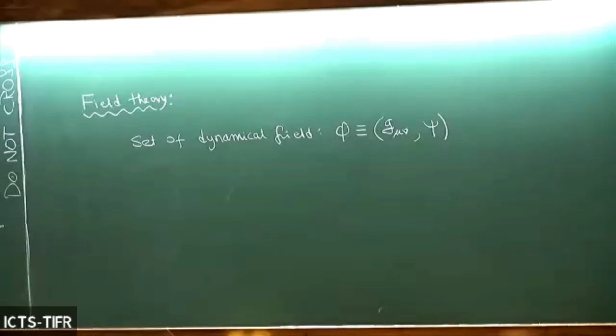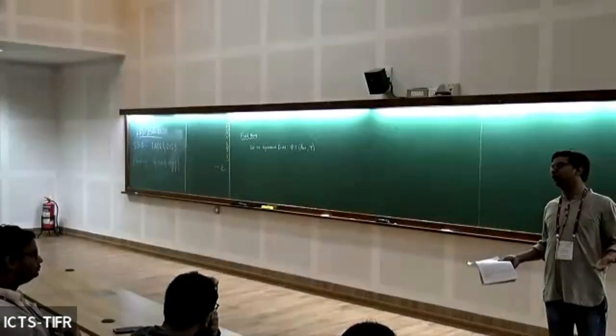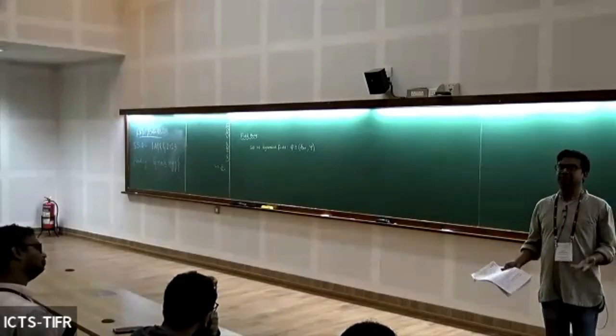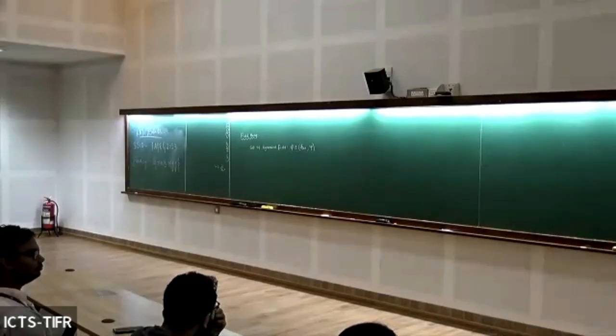So configuration space now means the field configurations allowed in your theory. For example, if you are working with a scalar field theory, the field configurations will be solutions of the Klein-Gordon equation. Let's say your theory has the equation box phi equals 0. All possible solutions of the Klein-Gordon equation form your configuration space, right?